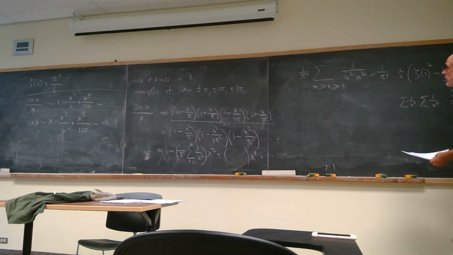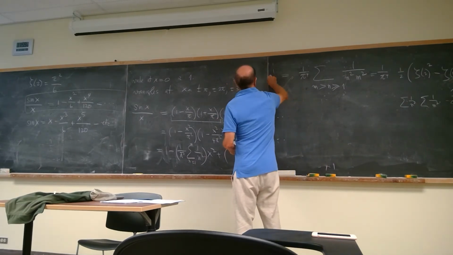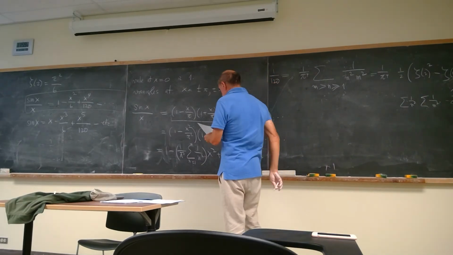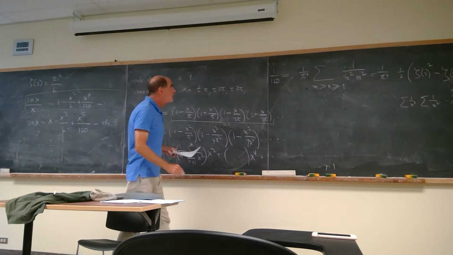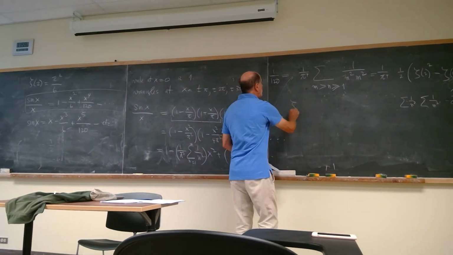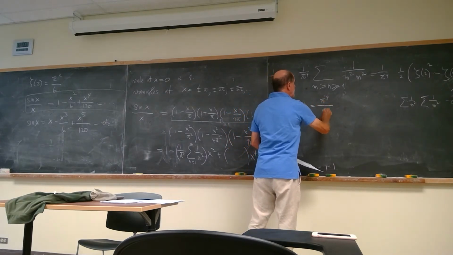Okay, and that has to be equal to 1 over 120, and then when you already know what zeta of 2 is, you can solve for zeta of 4, and zeta of 4 turns out to be pi to the 4th over 90.